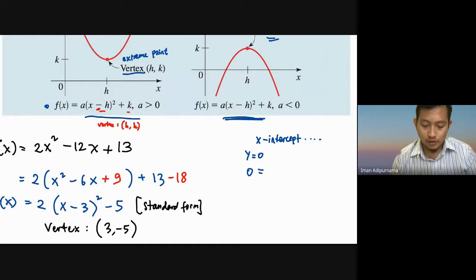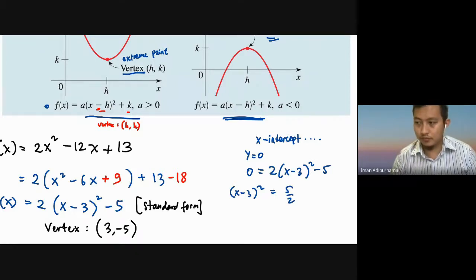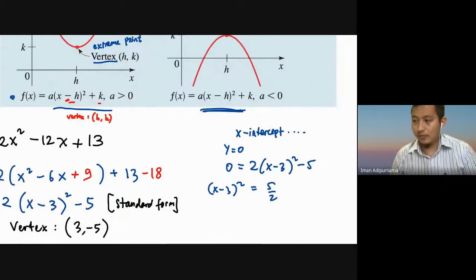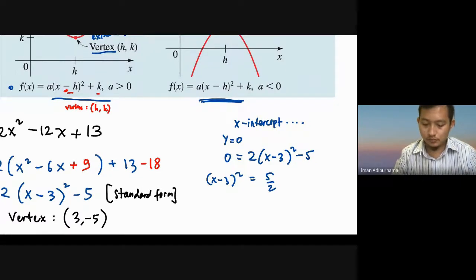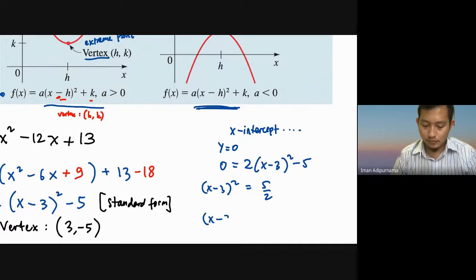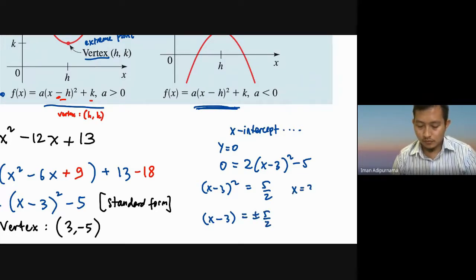So 0 will be, so we will have the x-intercept with two points.